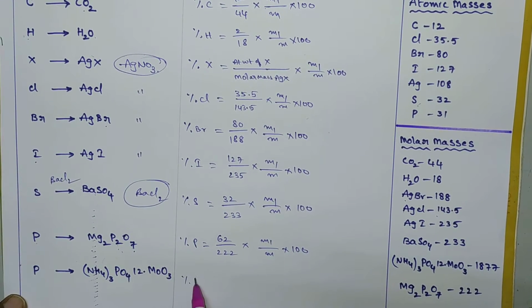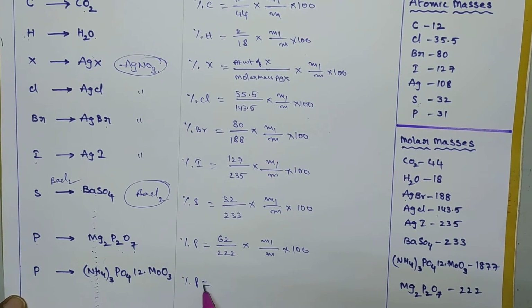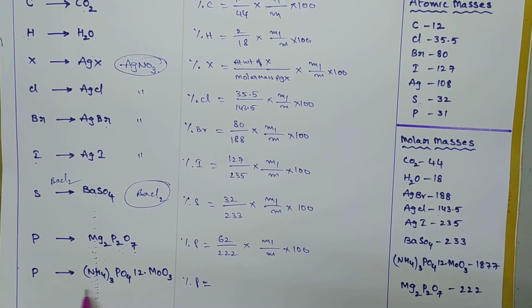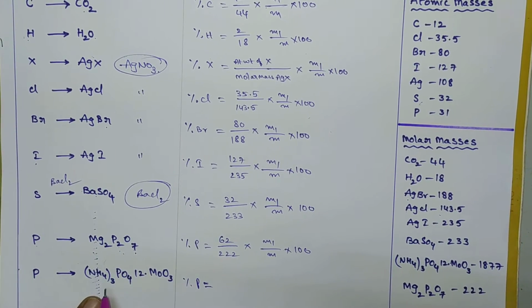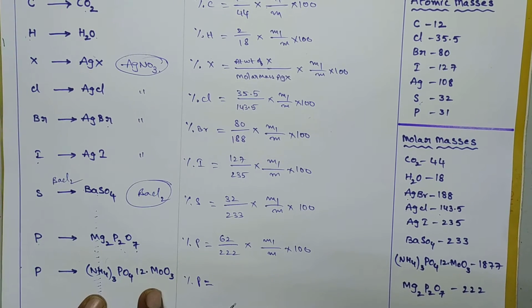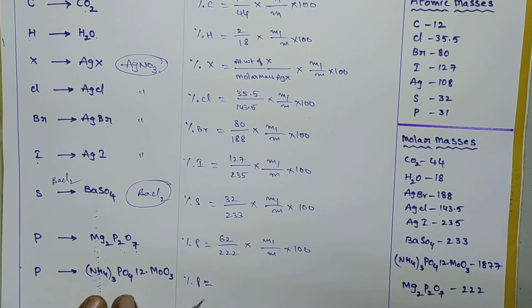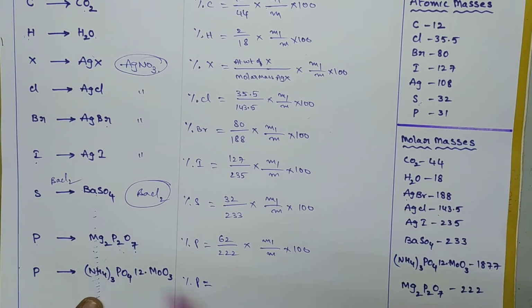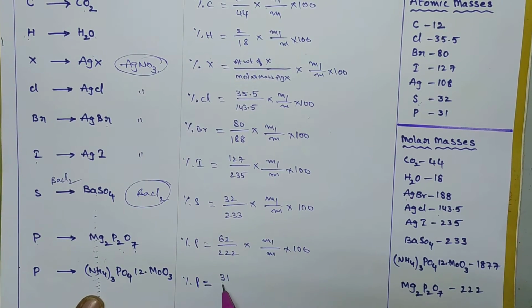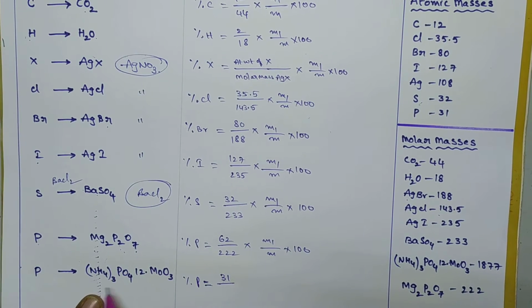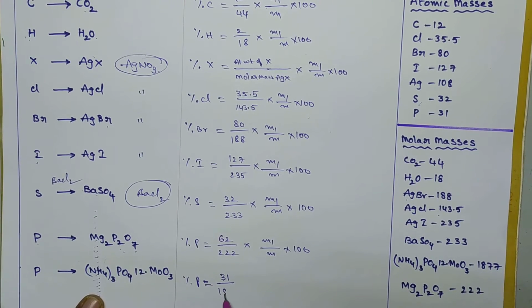And again phosphorus, in another method, is converted into ammonium phosphomolybdate by treating with ammonium molybdate. So here phosphorus 31 by the molar mass of this compound, which is 1877.